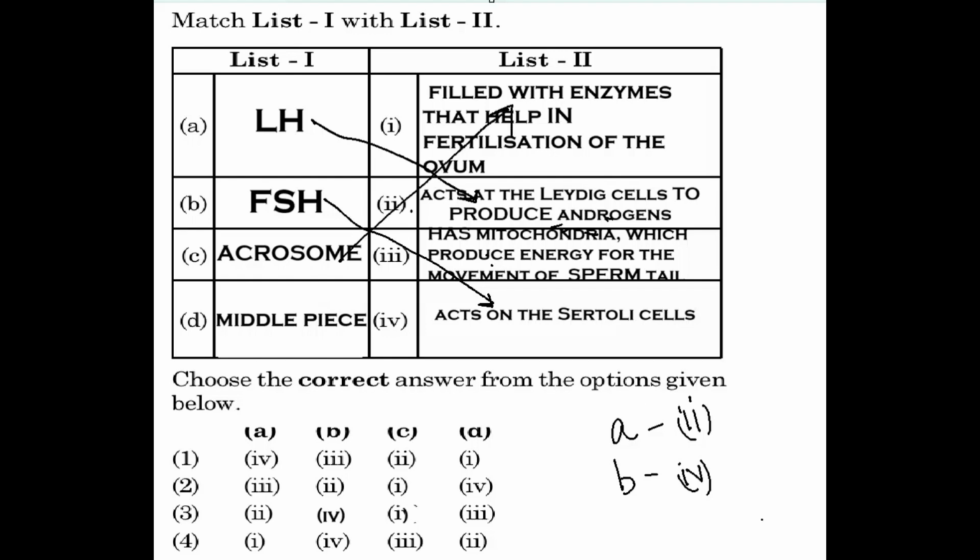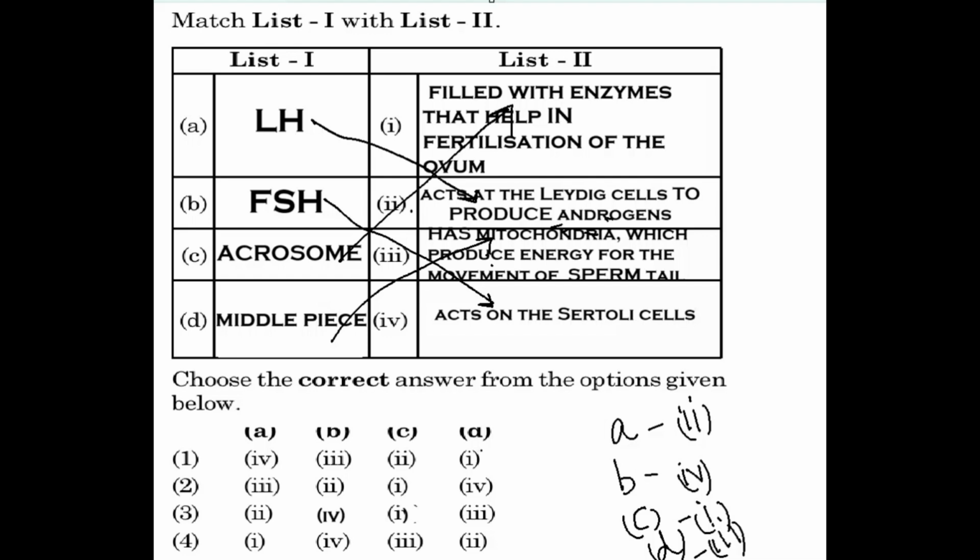And we have to note it down here. C acrosome matches with 1. And the last option is D middle piece. Middle piece has got mitochondria present in that, which produce energy for the movement of sperm tail. So D matches with third option.